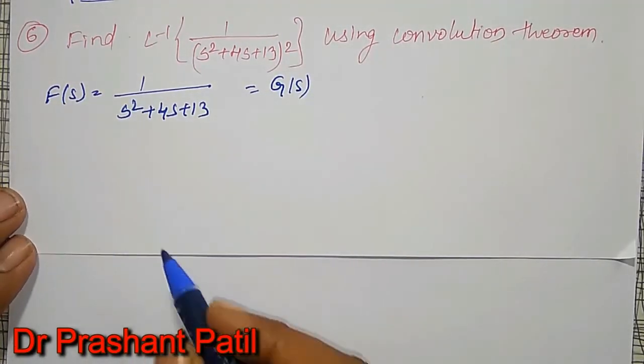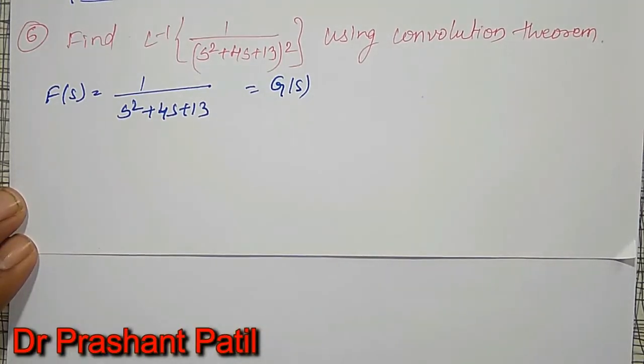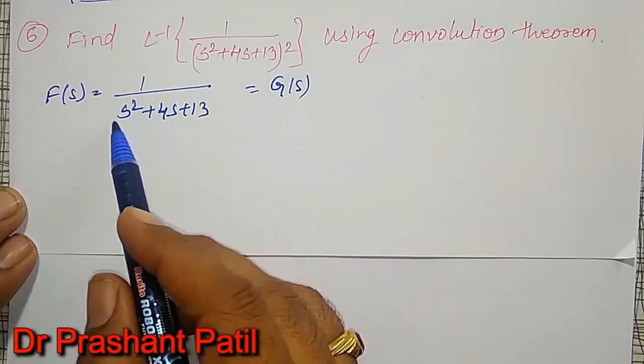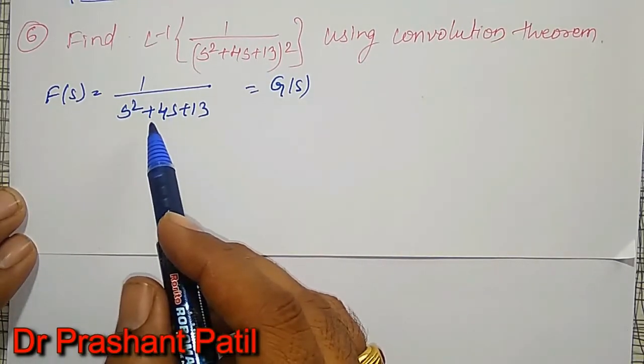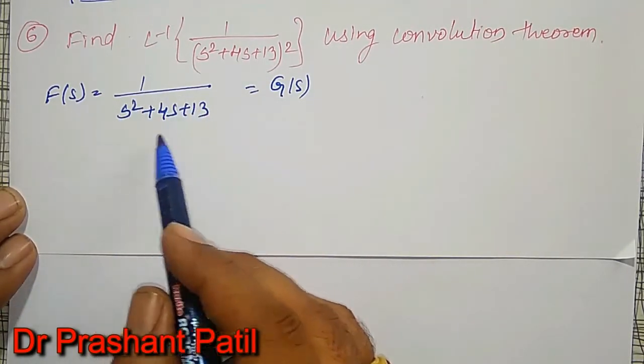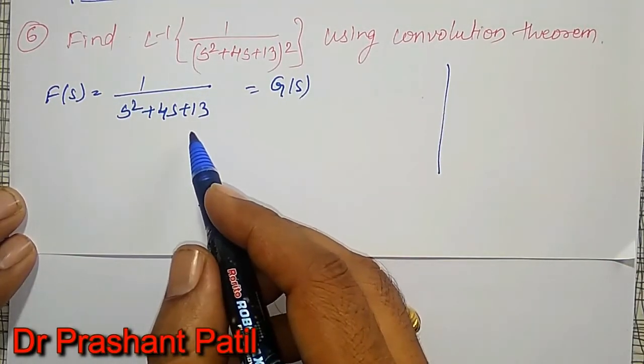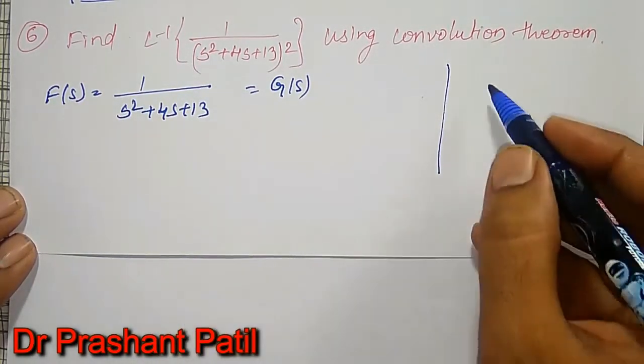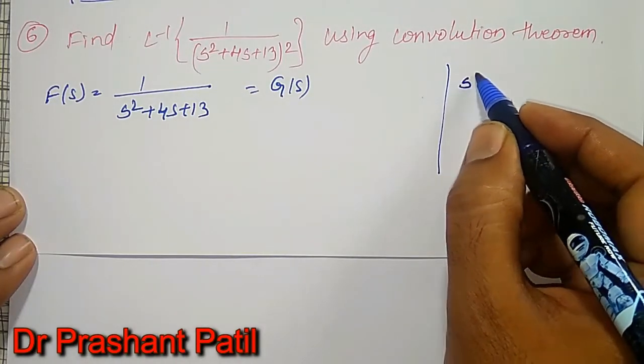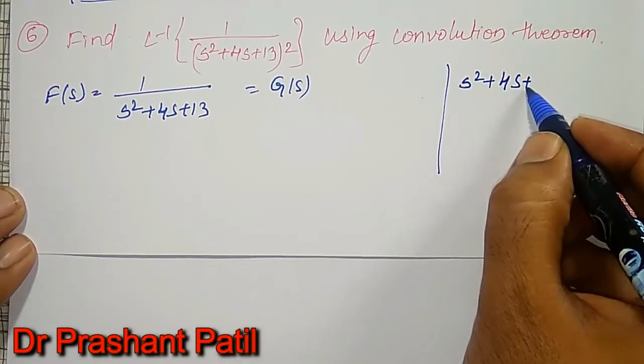To find out their f of s and g of s I have taken, I want f of t and g of t. To find its inverse Laplace transform f of t, I should make it a perfect square. What is my perfect square method? The factors are not possible, therefore I use the perfect square method, that is s square plus 4s plus 13.